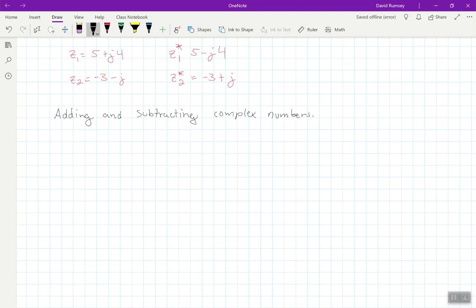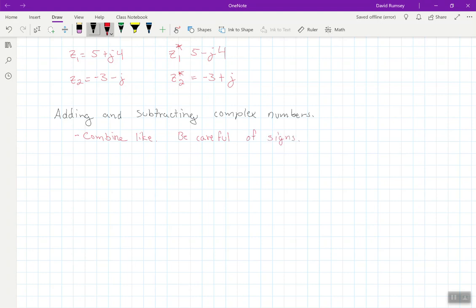I like to think of it as just like in algebra: combine like terms. But be careful of signs.